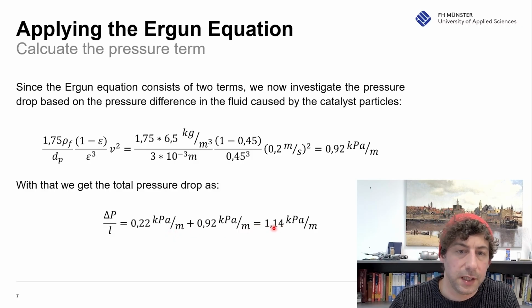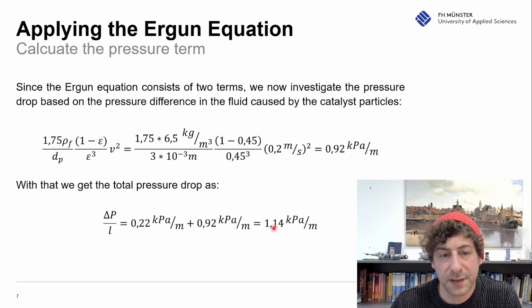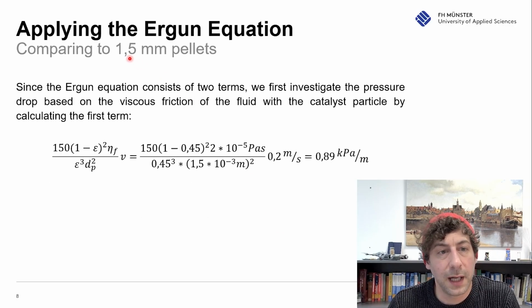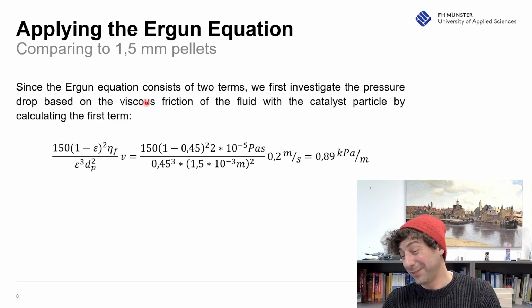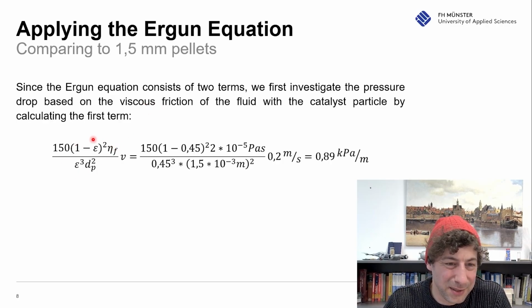So now we can take a look what happens if we decrease the particle size, because if we now halve the particle size, we again first calculate the friction part, right? So this is the term of the friction.